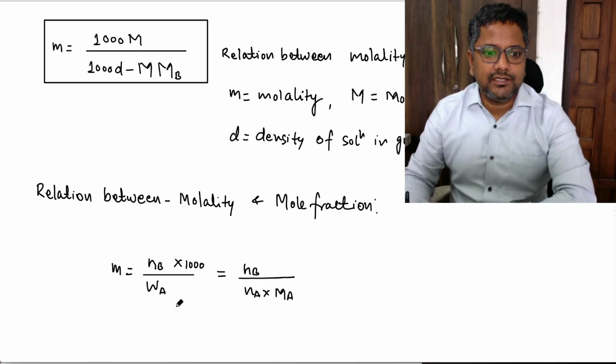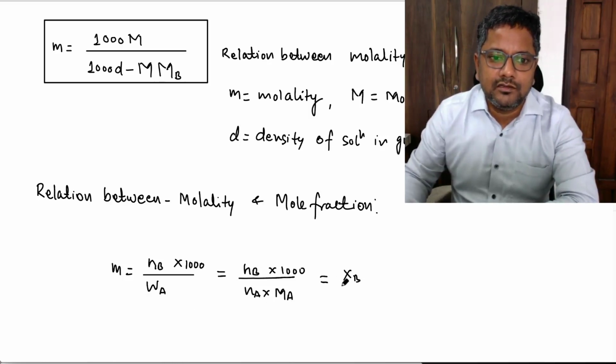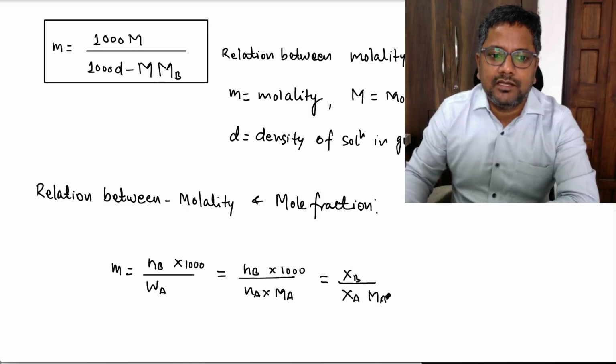Wa is equal to Na into Ma, you can very easily write. Now Nb by Na, you can write as mole fraction of B by mole fraction of A, into Ma, into 1000.